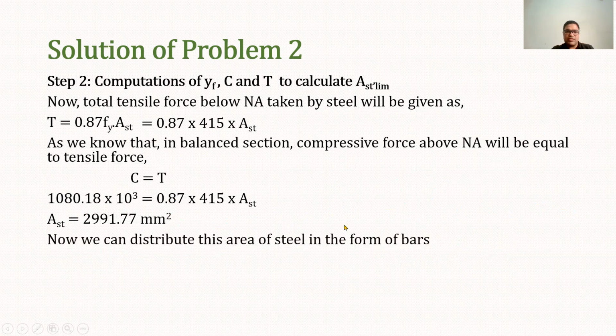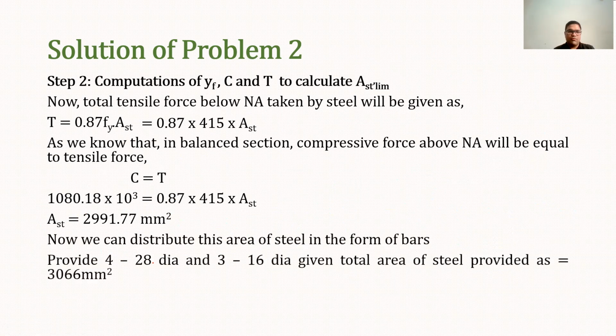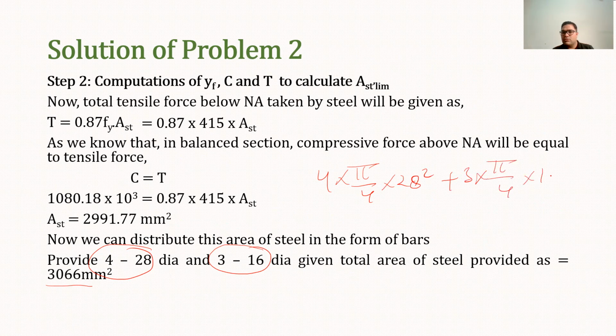Here I have provided 4 bars of 28 dia and 3 bars of 16 dia. When I provide the bars in combination of dia, the total area of steel provided is 3066 mm square. So 4 into pi by 4 into 28 square plus 3 into pi by 4 into 16 square.